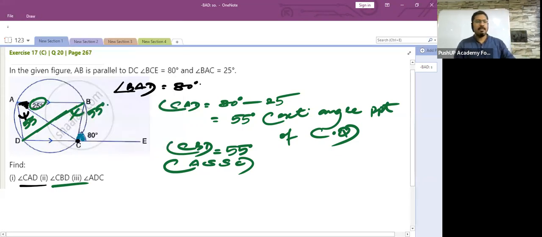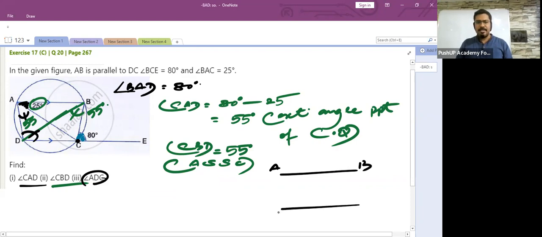All right. So let's start. Children, the last one, angle ADC. What would be angle ADC? 100 degrees? Oh yeah, co-interior angles, isn't it? Children, you know AB is parallel to DC, isn't it?